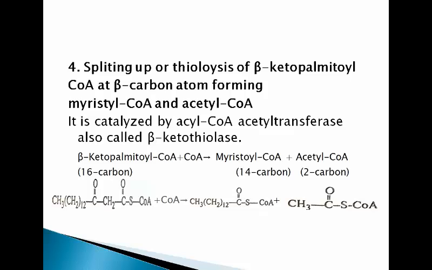Here the coenzyme A is also required. So the beta keto palmitoyl-CoA is converted to two fragments. One is myristoyl-CoA, that is the 14 carbon containing fragment, and acetyl-CoA, that is the 2 carbon containing fragment.